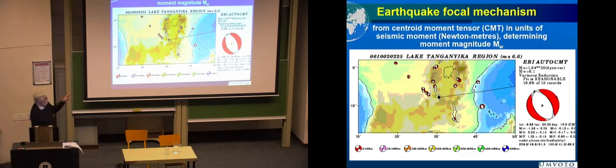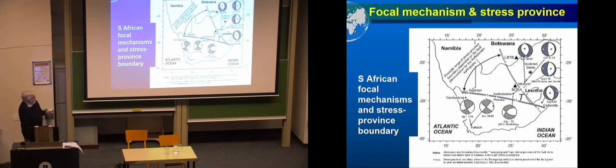The nodal plane, of course, is ambiguous. You don't know which of the nodal planes actually slipped unless you have further information about the earthquake location. So just to come to South Africa, we know, for example, that earthquakes that occur in the southwestern part of the country are dominantly strike-slip earthquakes. In other words, the compression is horizontal.